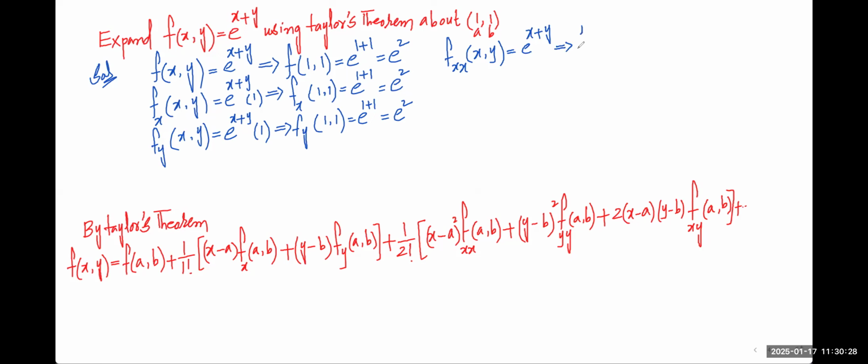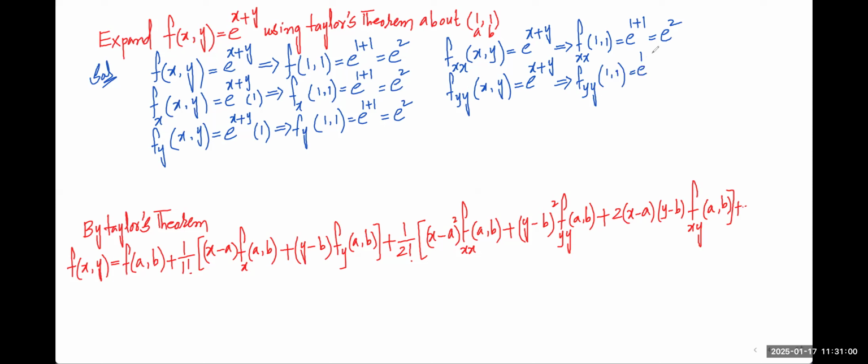If you don't want to write it, no problem. f double x at the point 1 comma 1 is e power 1 plus 1, which is e square again. Now f double y at the point 1 comma 1 is again the same answer, no change. This implies that f double y at 1 comma 1 is e power 1 plus 1, again e square only.